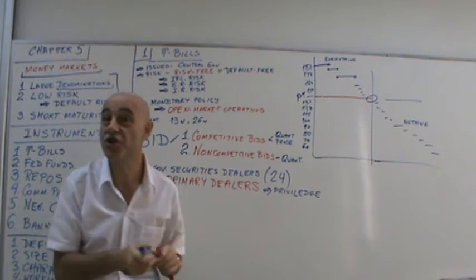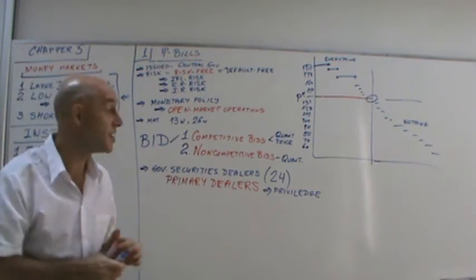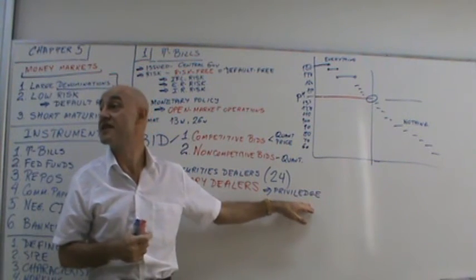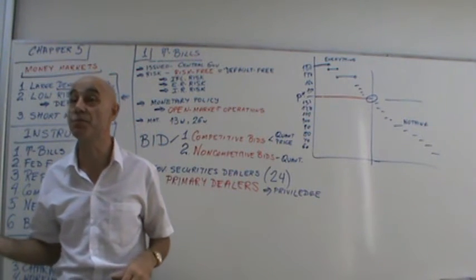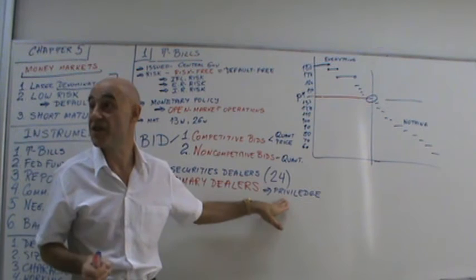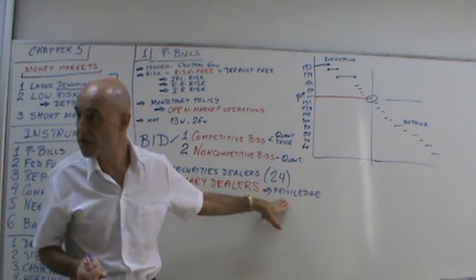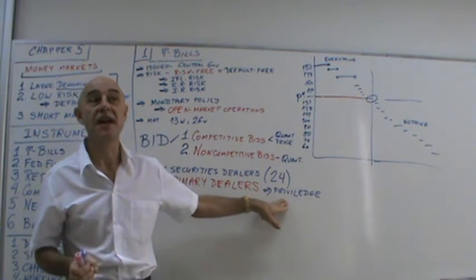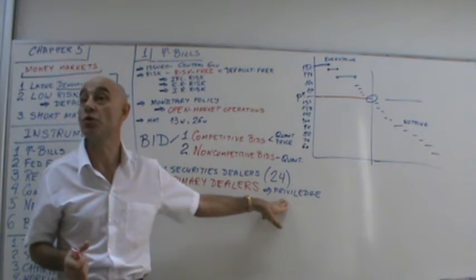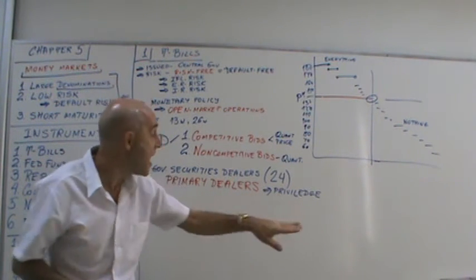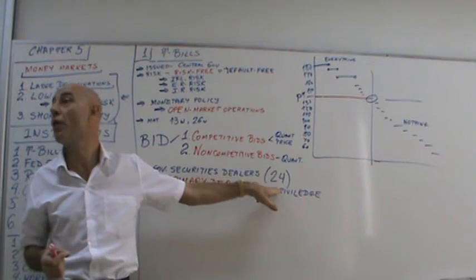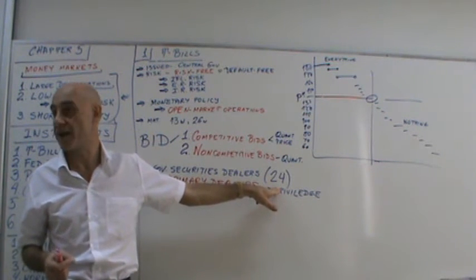You must be rich, you must be connected, you must be part of the establishment, and this is a very profitable business. It is a business for trillions of dollars of volumes that can generate tens or maybe hundreds of billions of dollars of profit. And there are only 24 of you who could do that.